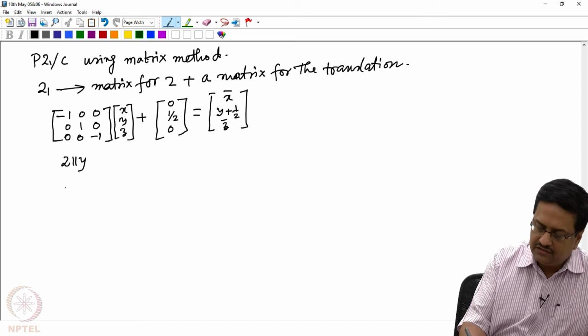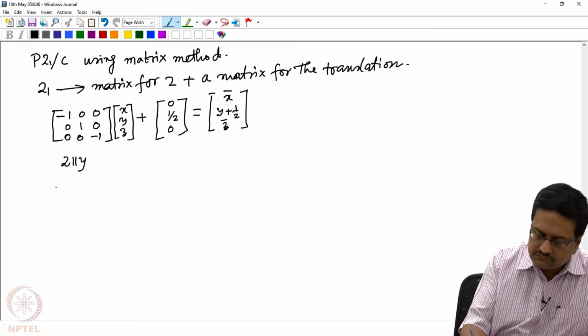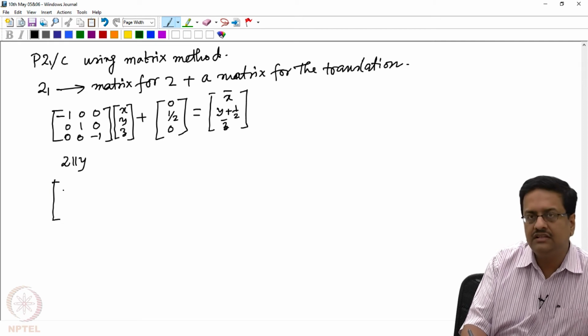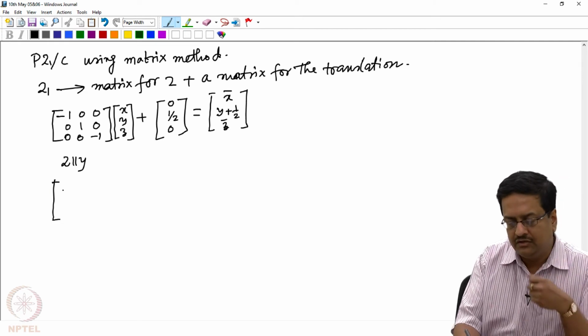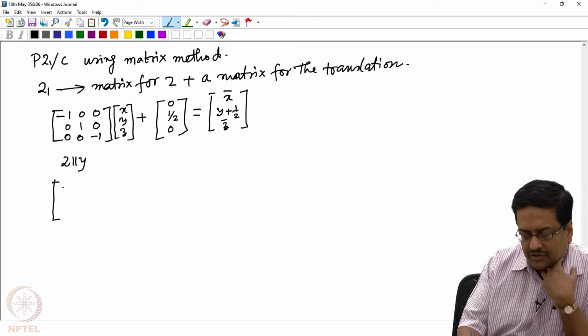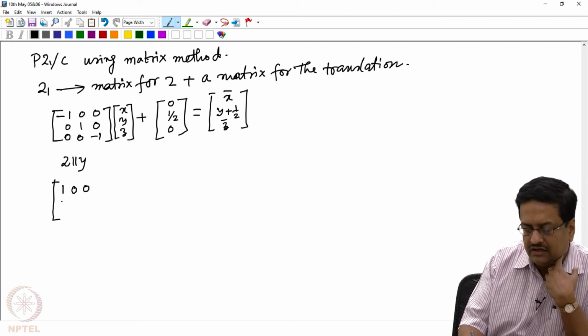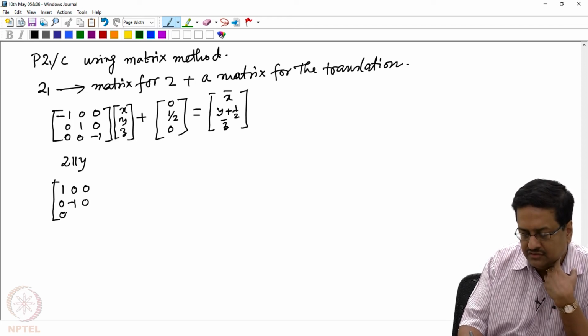We now apply the C glide on the same point 1. C glide perpendicular to B would mean it is a combination of mirror perpendicular to B, which means it should be 1 0 0, 0 minus 1 0, and 0 0 1.